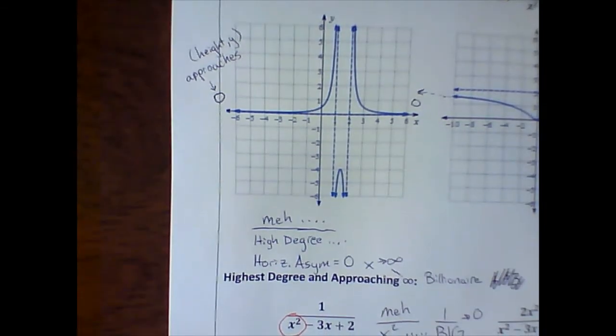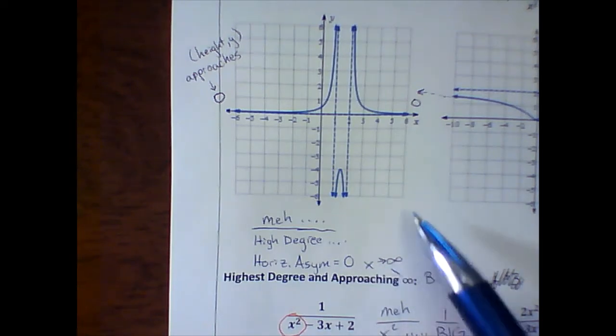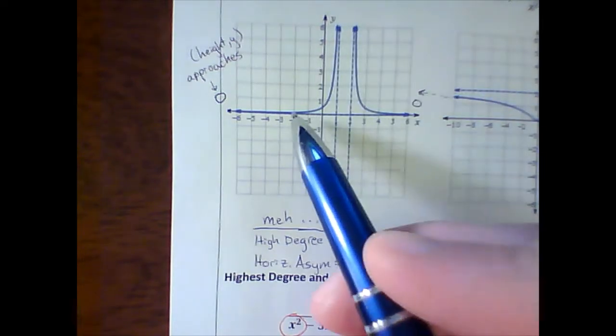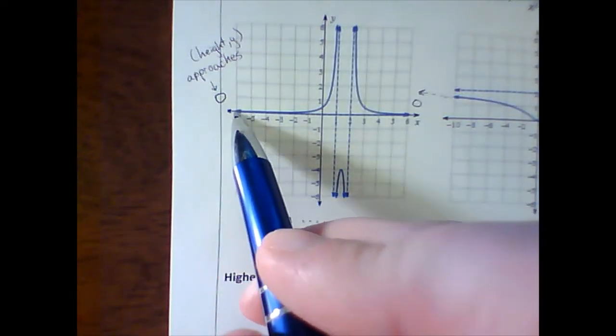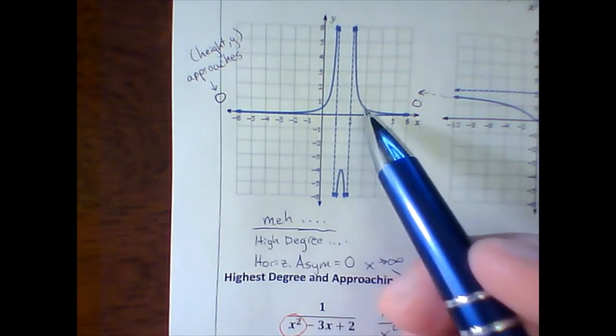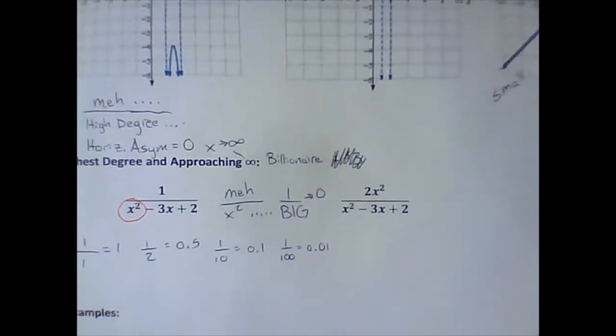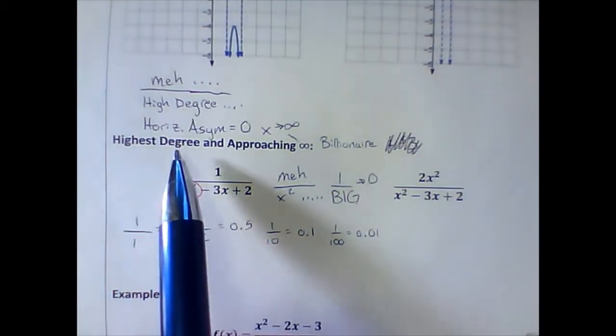And again, this only applies when x approaches infinity. So this applies on the far left and the far right. The middle, we don't really care about. As you approach the far left, you're going to head for infinity. As you approach the far right, you're going to head for infinity. On both sides, you're going to hit a height of 0.